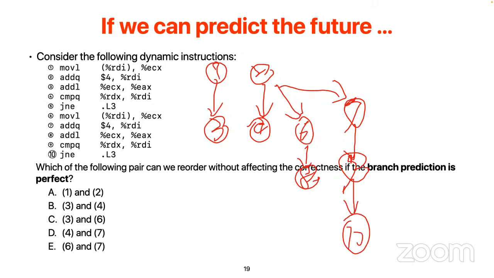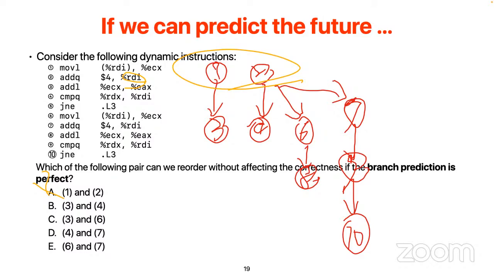That's pretty much the data flow graph we have. So looking at the data dependency graph, 1 and 2 are actually irrelevant to each other, but we cannot reorder them. Why not? Because if you do that, we will have an issue on RDI: you are going to modify the value of RDI and the code will become incorrect.